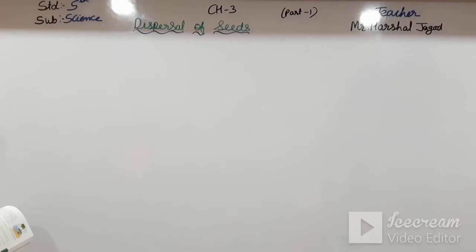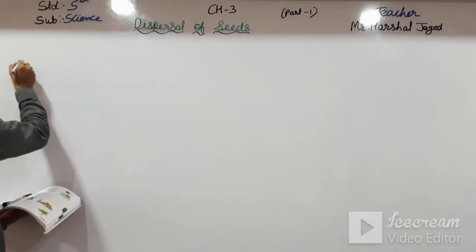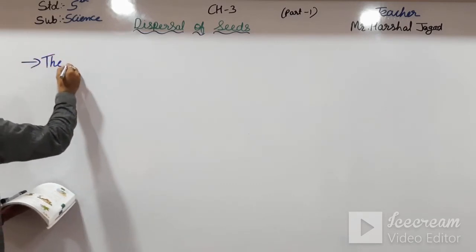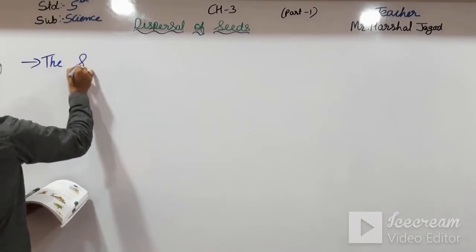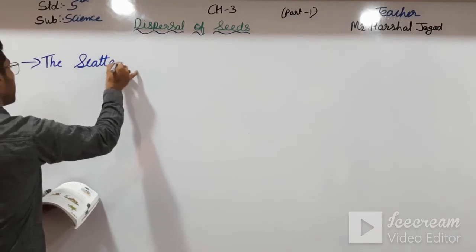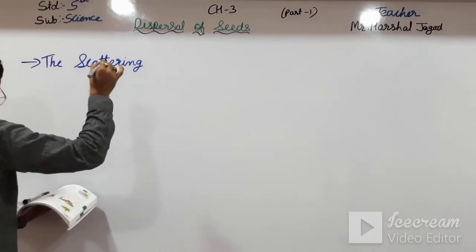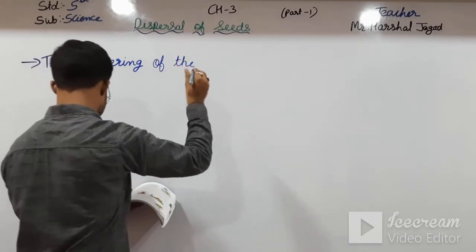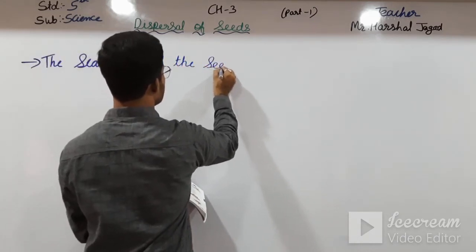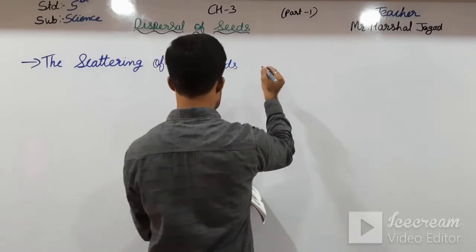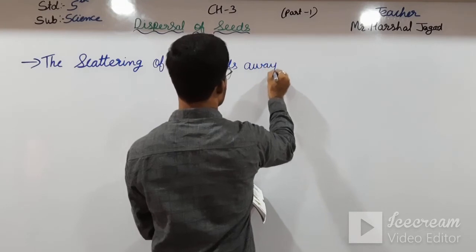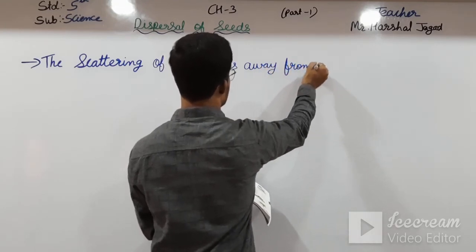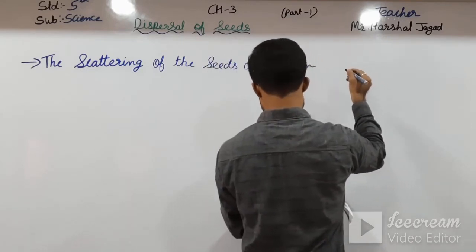Dispersal is the scattering of seeds away from the mother plant.